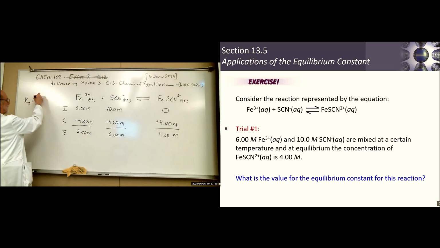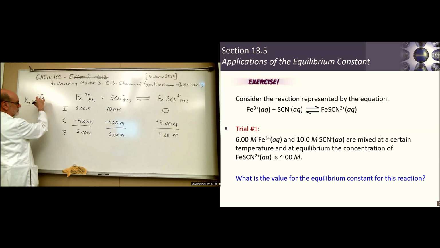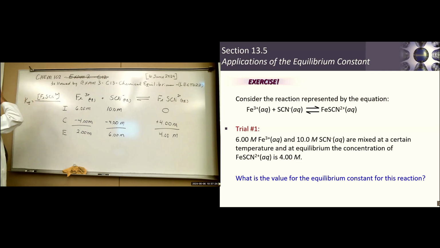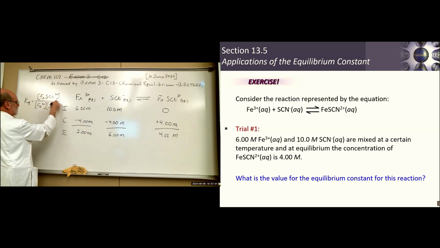KEQ is going to be the concentration of the I was trying to scratch in my head for the proper name for this. Remember my nomenclature. Thiocyanate iron 3+. That's what it is. Okay, 3+ here, and we have this one here. Right, they're all to the first power.